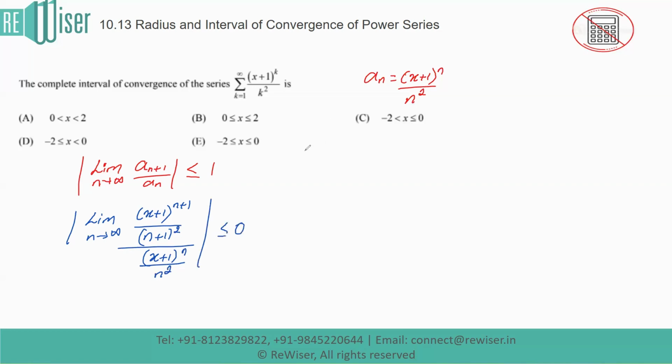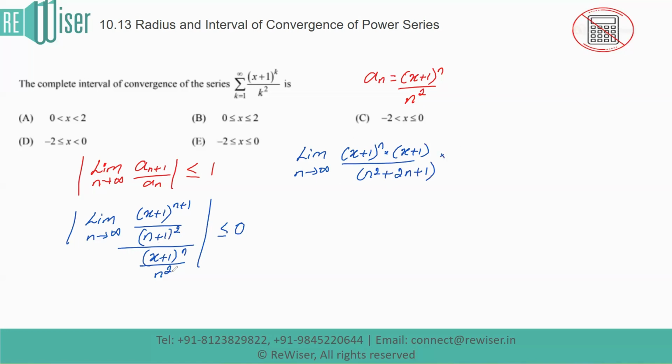Now I can also simplify this: limit as n tends to infinity. The numerator I can write as (x+1) to the power of n times (x+1). The denominator is (n+1) squared, which can be expanded to n squared plus 2n plus 1.